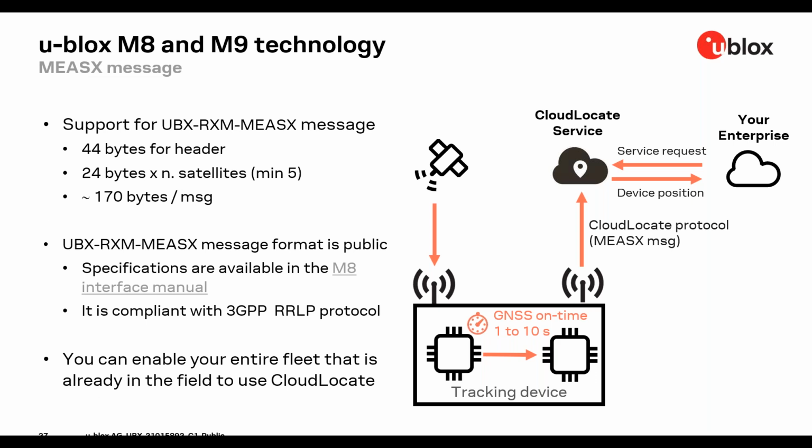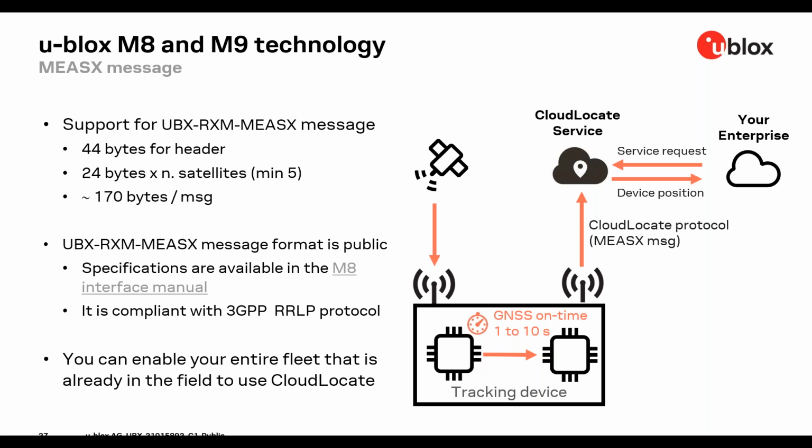If your current fleet is composed of M8 or M9 u-blox GNSS, well, there is no reason to wait. You can leverage the MEASX message that, as you know, is public. It's compliant to the RRLP protocol for location services, and therefore you can use CloudLocate also with third-party GNSS.